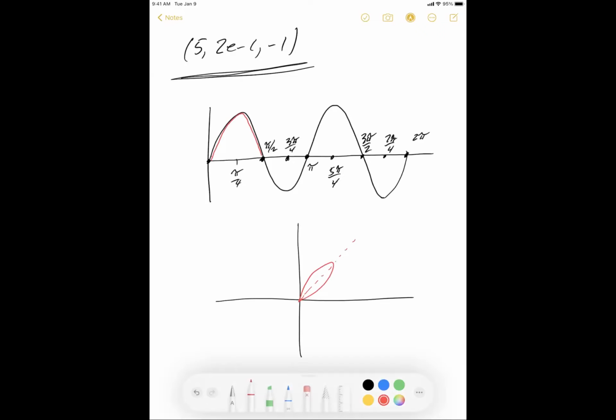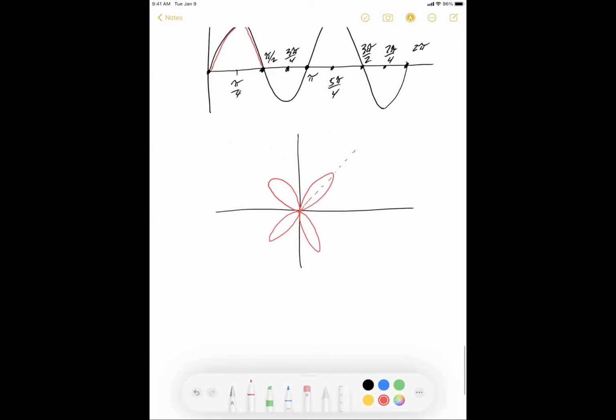And then from pi over 2 to pi. Okay, so then we're over here. Then we're here. And hopefully you can see by symmetry what this thing is going to do. Any questions on the sketch there?